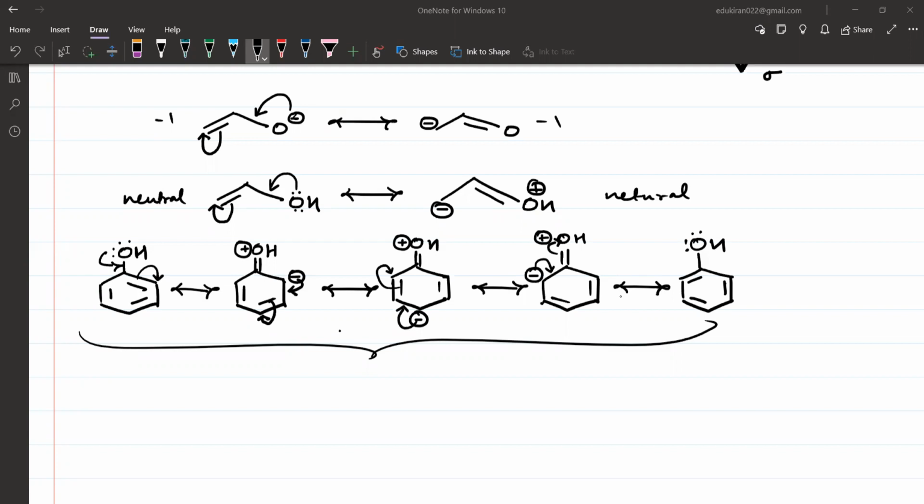It will be a partial double bond. Right, Iram? The carbon-OH bond will be a partial double bond. Okay.